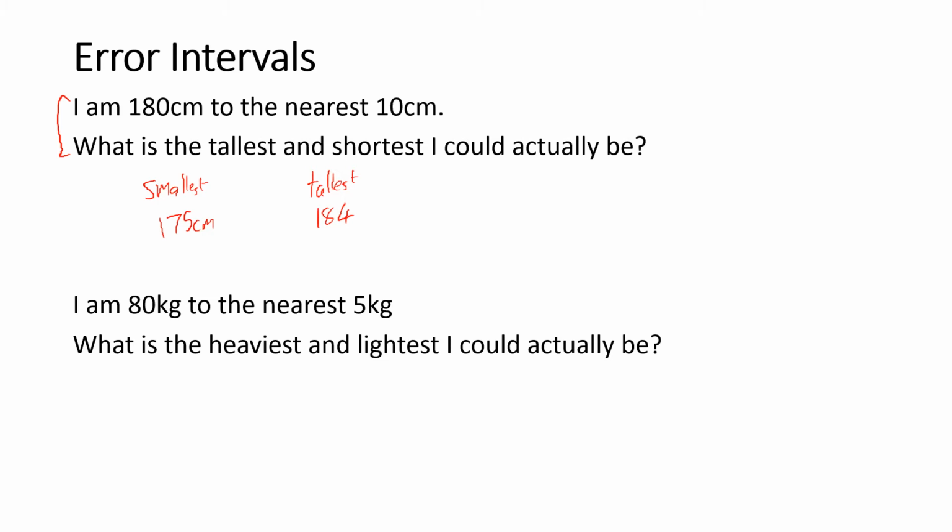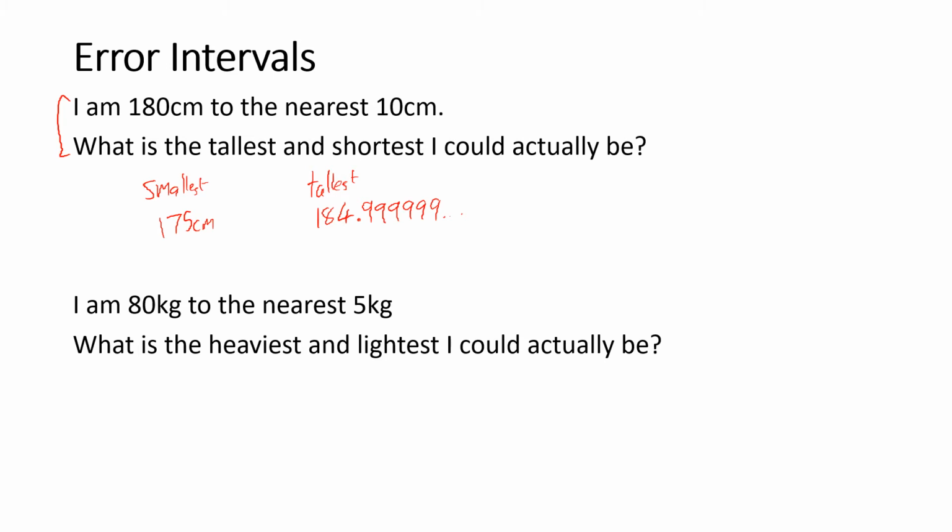But heights aren't just whole numbers. So what about if we were 184.9 centimeters? That would still round down to 180 to the nearest 10. And so would 184.99, and so on, and so on, and so on. And there isn't really a biggest number here that will round down to 180.